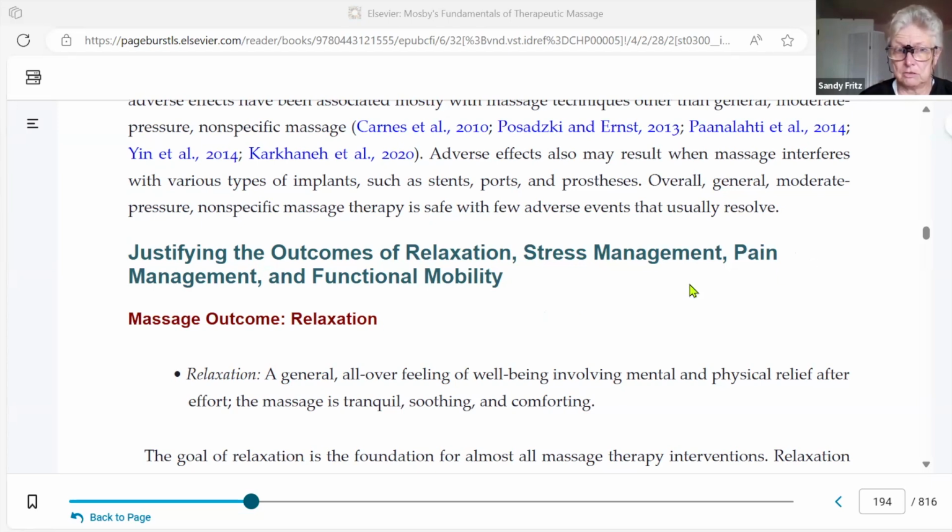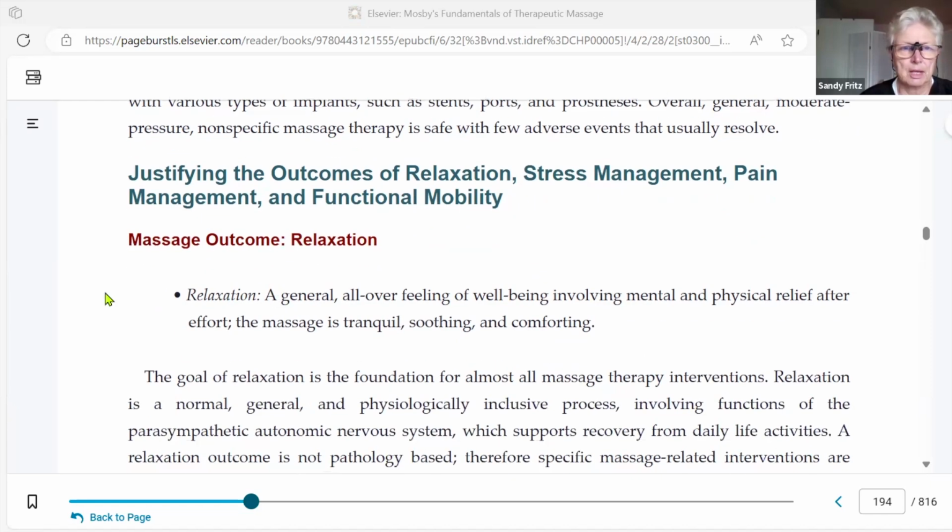Next on the list is pain management, and the least amount is the claims made for functional mobility, which is range of motion or a musculoskeletal dysfunction or something like that.